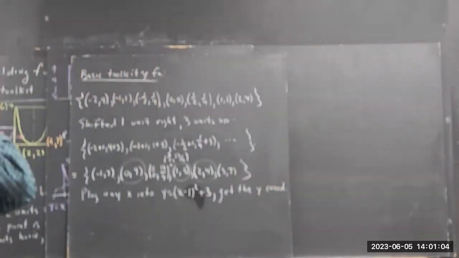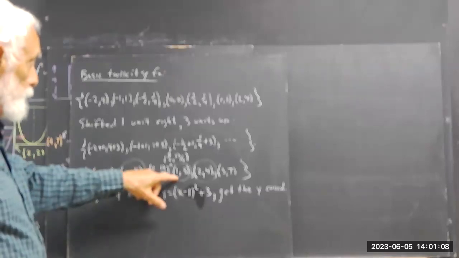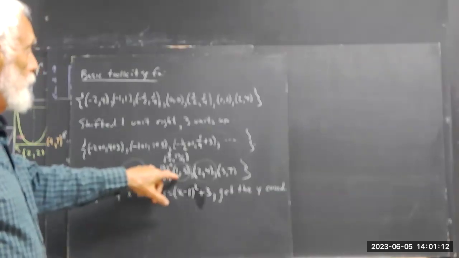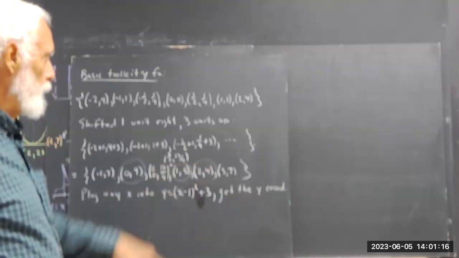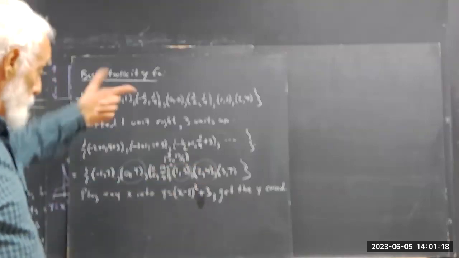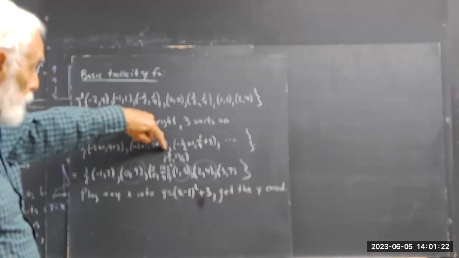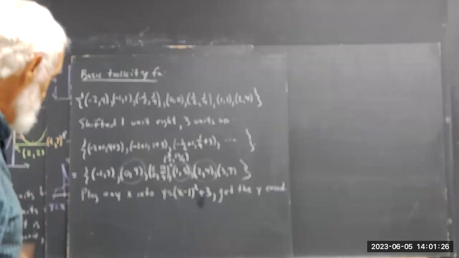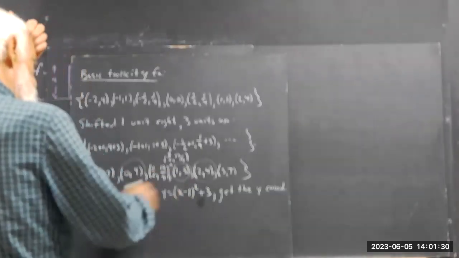You should actually do that. Plug this x coordinate in, see if you get y equals 4. Plug 1 in, see if you get y equals 3. Plug in 2, see if you get y equals 4. Plug in 1/2, see if you get 13 fourths. Plug in 3/2, see if you get 13 fourths. If you want to understand this, it would be a very good thing to do. I'll just do one of them, and I'll do one with fractions.